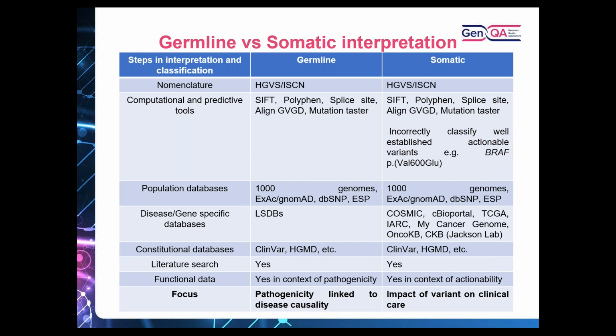Literature searches are important in both areas as well. But again, the focus changes when it comes to looking at functional data. In the germline setting, it's in the context of pathogenicity, whereas in the somatic setting, it's in the context of actionability. So in a germline setting, we're looking at pathogenicity linked to disease causality, whereas in a somatic setting, you're looking at the impact of that variant on clinical care. Okay, next slide, please.